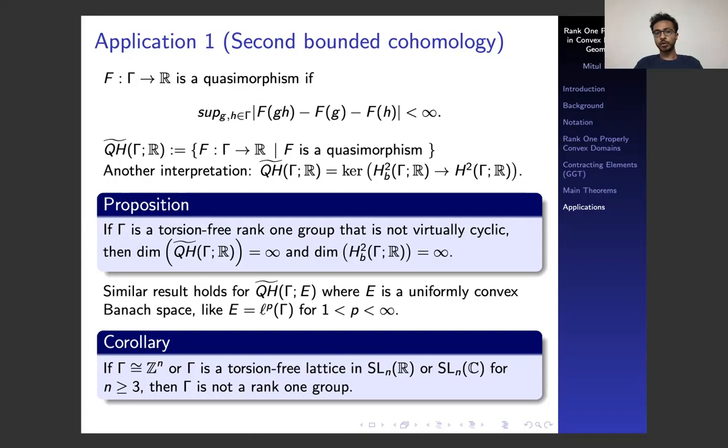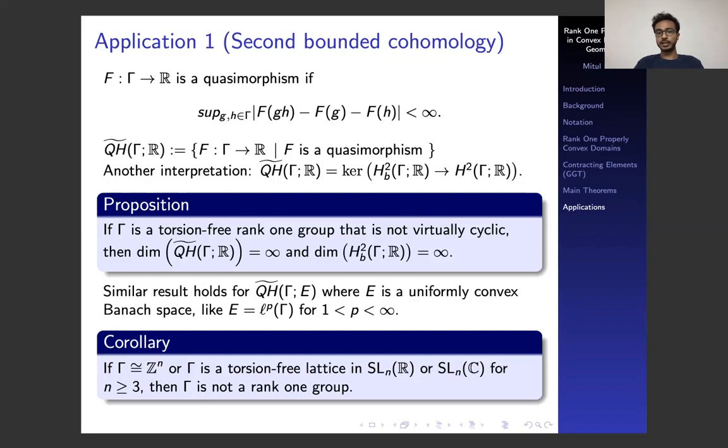Instead of looking at cohomology with coefficients in R, we can look at cohomologies with coefficients in a uniformly convex Banach space like L^p of gamma when p is between 1 and infinity, and similar conclusions will be true in that case as well. A corollary of this proposition is that if gamma is a free abelian group, or if gamma is a torsion-free lattice in SL_n(R) or SL_n(C) for n bigger than or equal to 3, then gamma is not a rank 1 group.